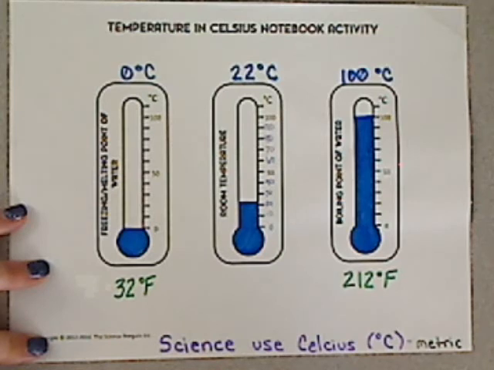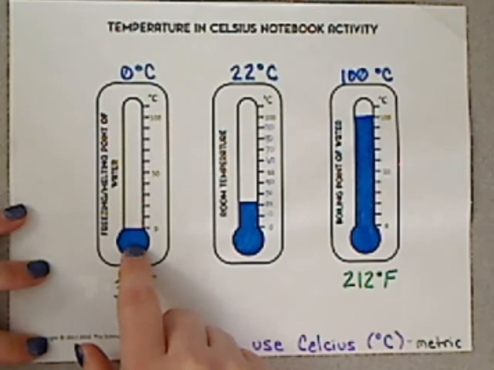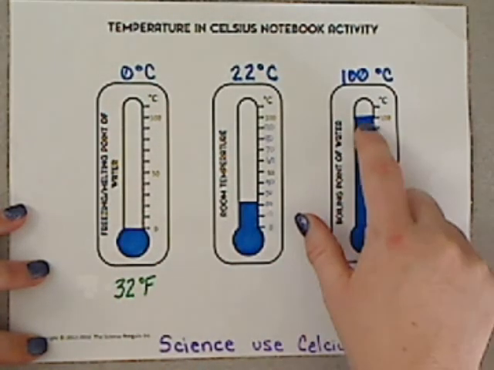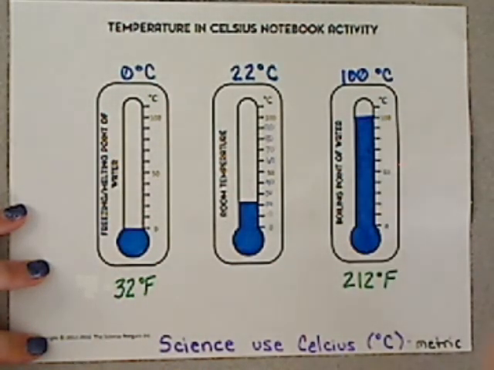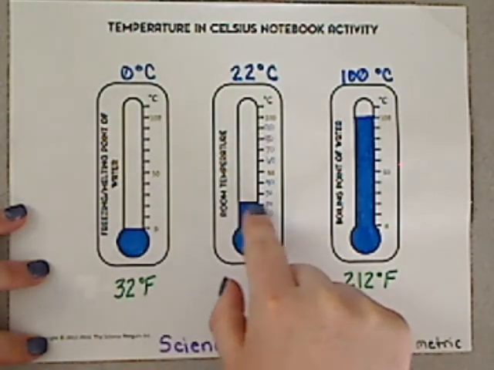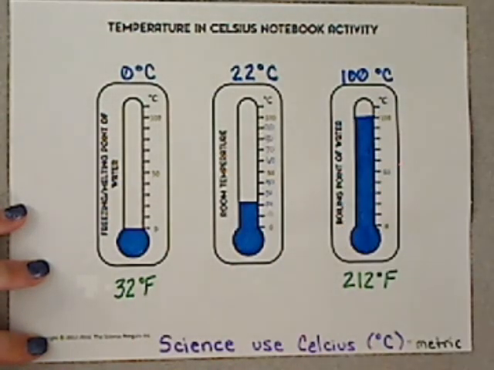If you ever get mercury on you, call poison control, call your parents immediately, call 911 to make sure that you stay safe. So you're simply going to look at where the top of the mercury has risen to, and whatever number is next to it, that's where you measure the temperature.